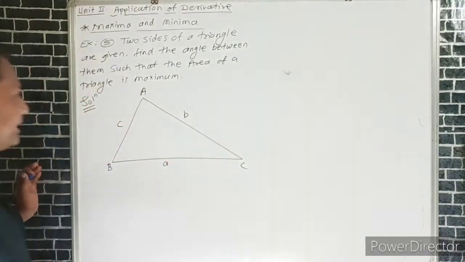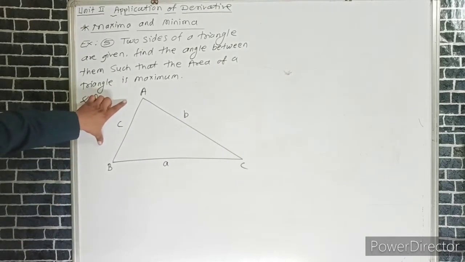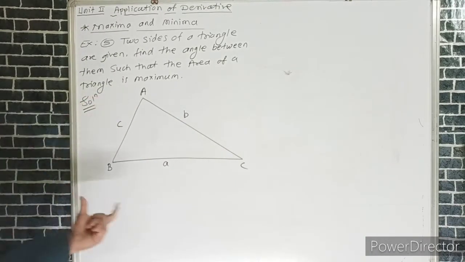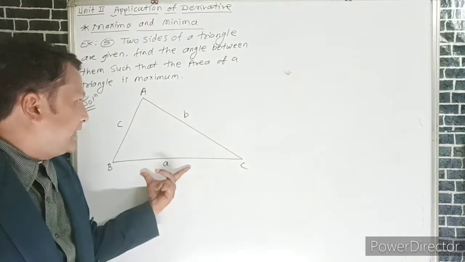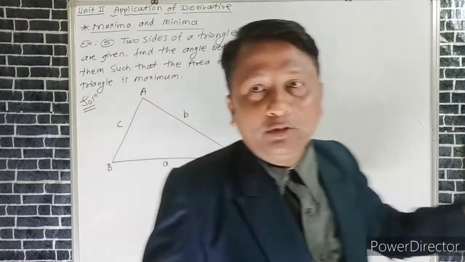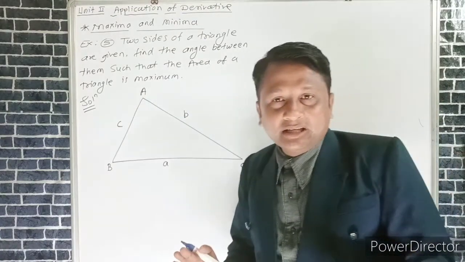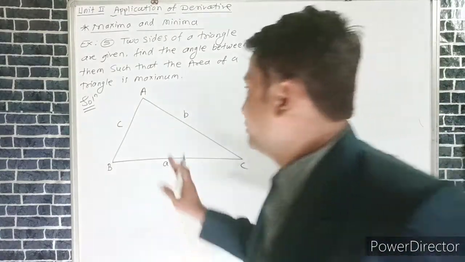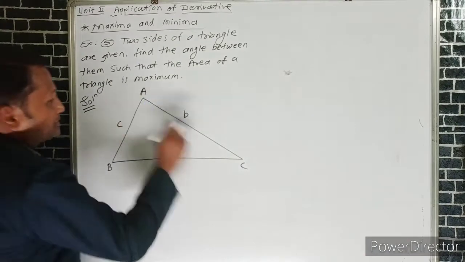Let us consider that the length of AB is c, the length of BC is a, and the length of AC is b. Here any two sides are given.